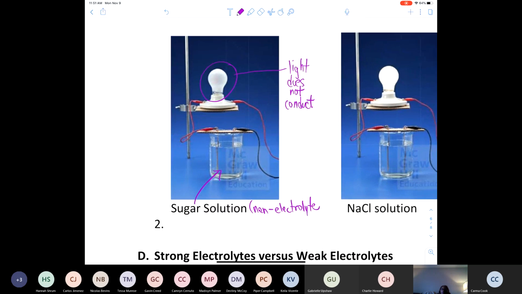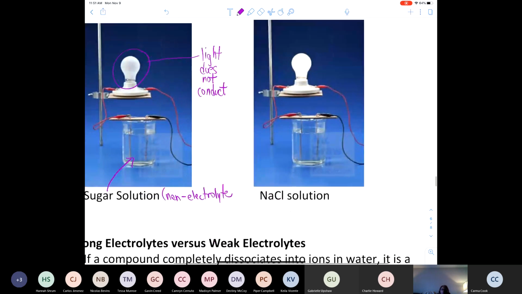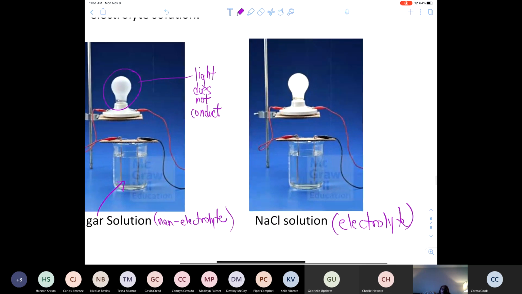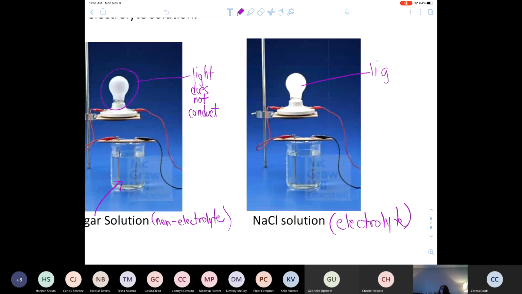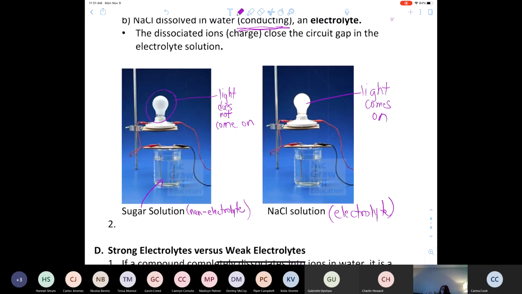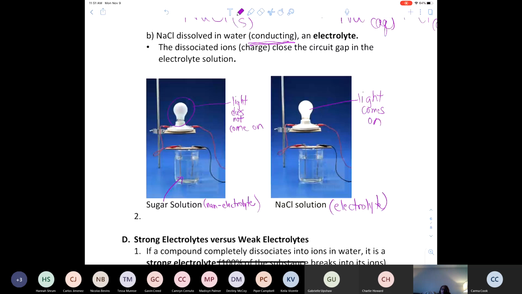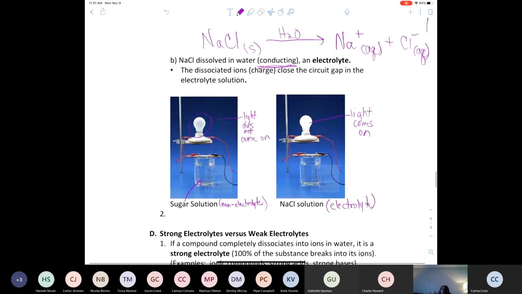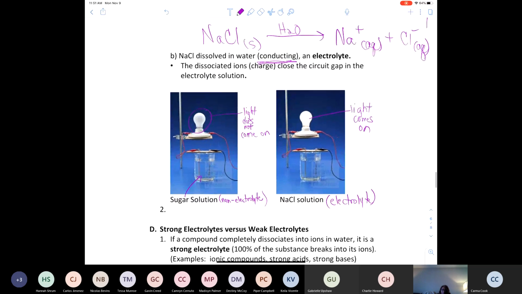However, if you place the electrodes in a salt solution, which is an electrolyte, the light bulb comes on. So therefore, those free sodium and chloride ions are able to conduct an electrical current.